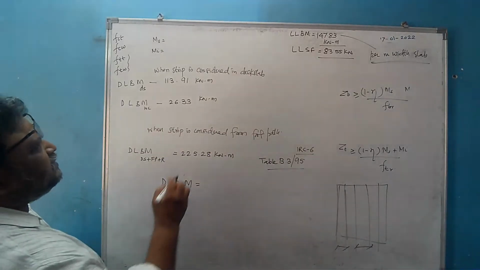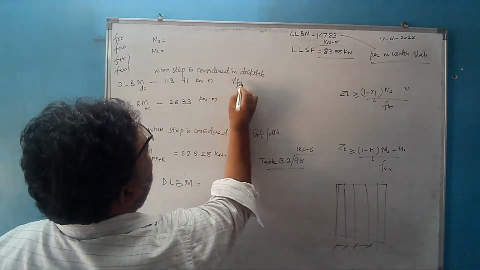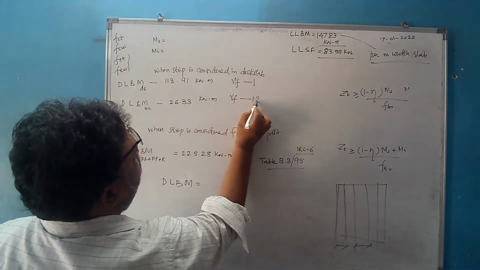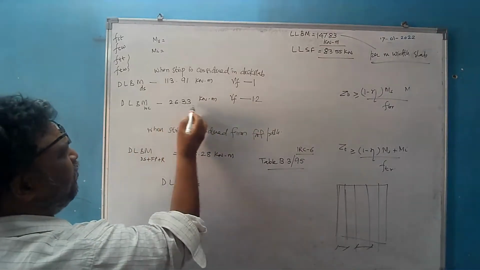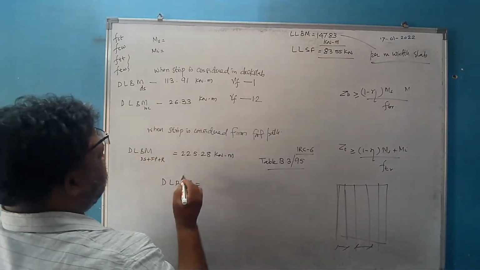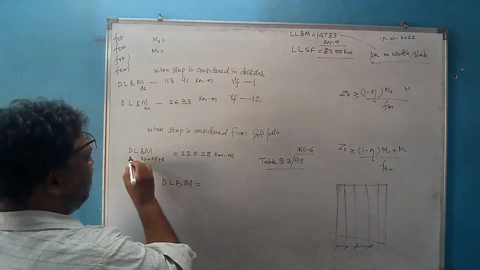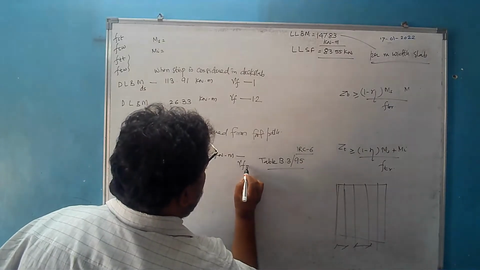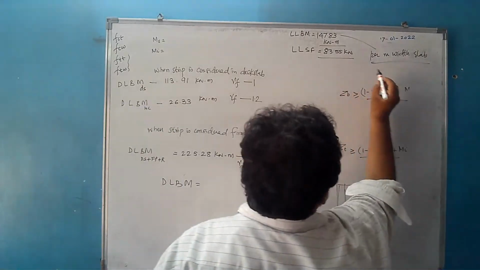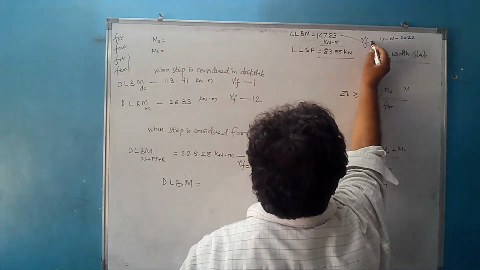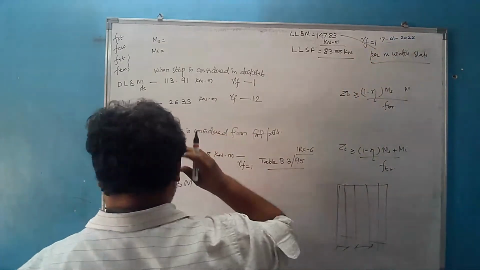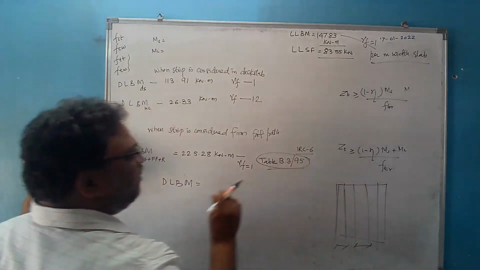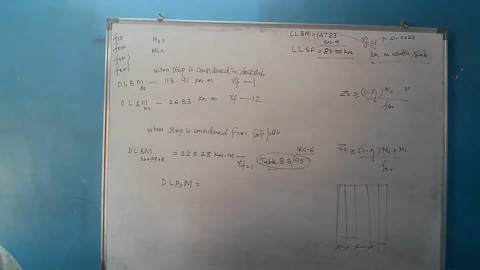The value of gamma f here is 1.2 because this is the wearing coat. क्योंकि ये पॉसिबल है, लोड कम ज्यादा हो सकता है, चेंज हो सकता है. और ये भी तो डेड लोड ही है, इसके लिए भी हमको gamma f is equal to 1 only. और लाइव लोड के लिए भी gamma f is equal to 1. It is given here in table B3, page number 95.